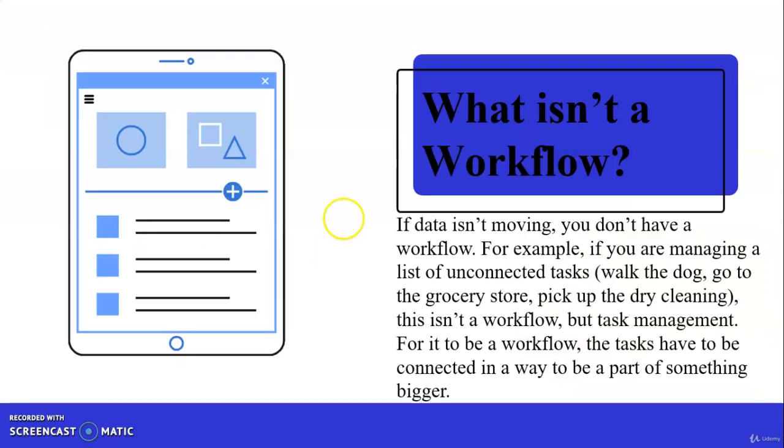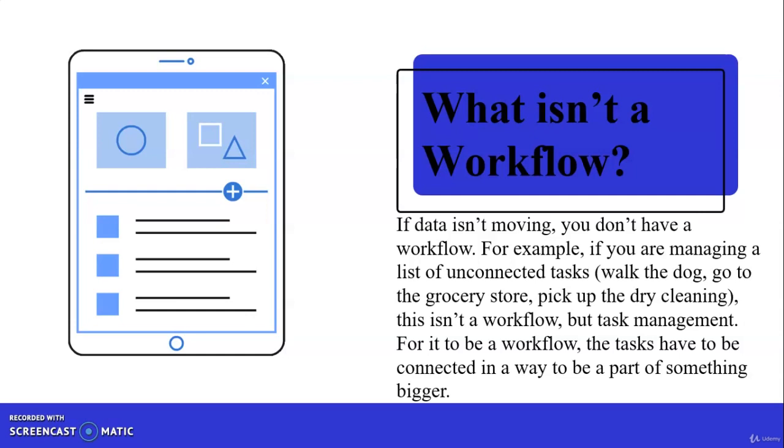So now, what isn't a workflow? If data isn't moving, you don't have a workflow. Let's say you are managing a list of unconnected tasks, like walking the dog, going to the grocery store, picking up the dry cleaning. These aren't connected. You can do them at any time of the day. For example, you go to the grocery store at 5 in the evening, you walk the dog at 10 in the morning, you pick up your dry cleaning at 3 in the afternoon.